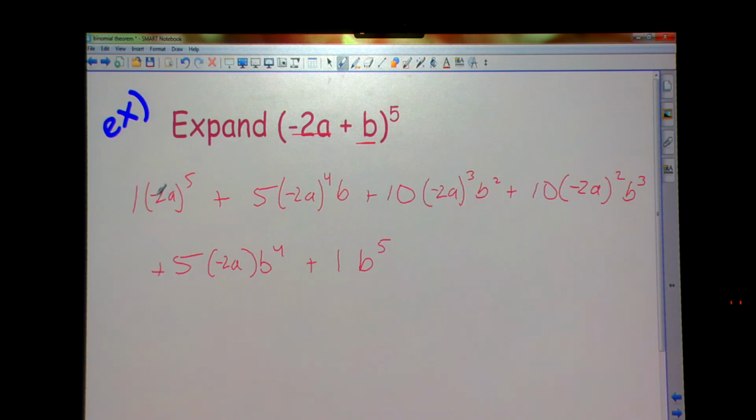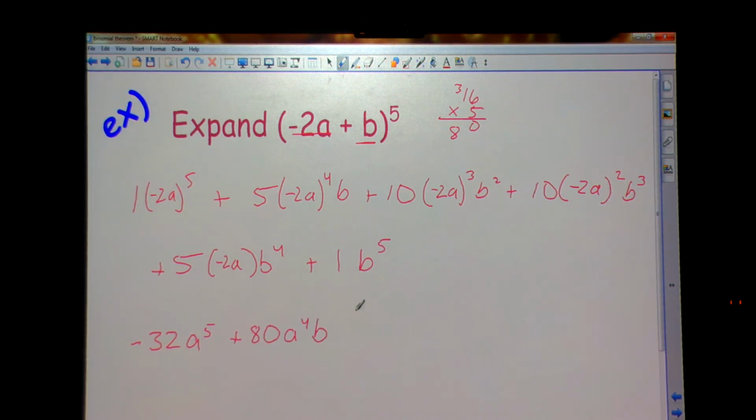Okay, so let's clean this up. A negative raised to an odd power is still a negative: 32a to the 5th. Over here, a negative raised to an even power is positive, because negative times negative times negative times negative makes positive. So that'll give me 16 times 5, we get 80, so it'll be plus 80a to the 4th b.